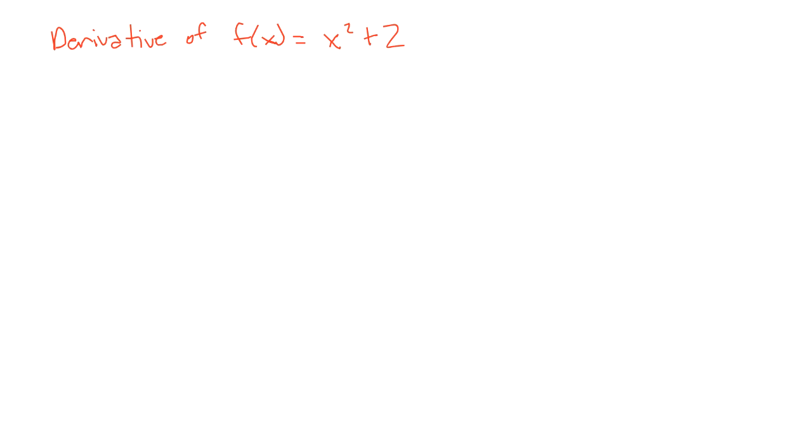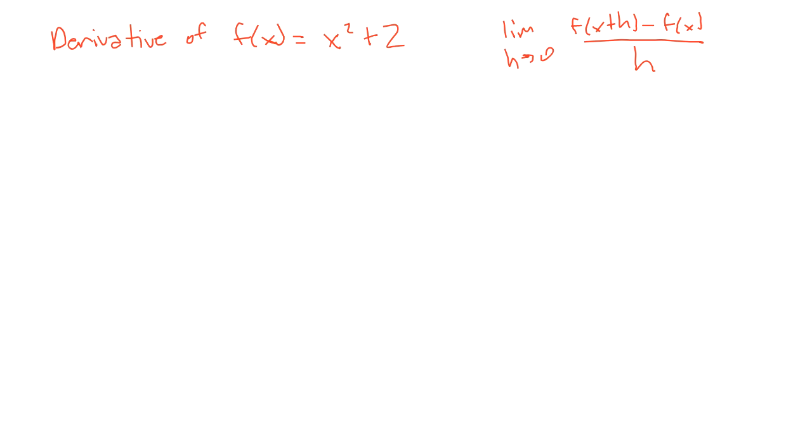Let's think about our basic definition, which is the limit as h approaches 0 of f of x plus h minus f of x all over h. So now let's get started.